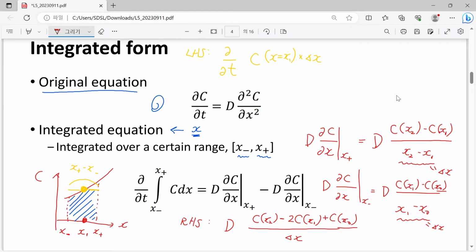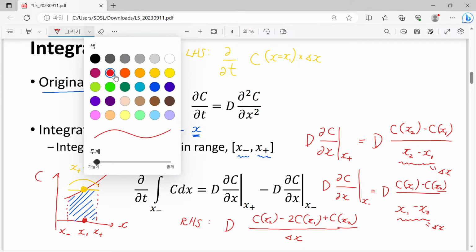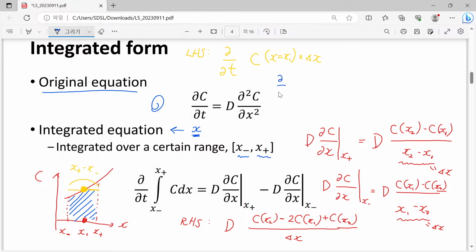Let me just do it. Since the left hand side is written as round over round t of c at x1 times delta x, I'm going to write down the left hand side, and I'm going to write down the right hand side here: d over delta x, c at x2 minus 2c at x1 plus c at x naught.